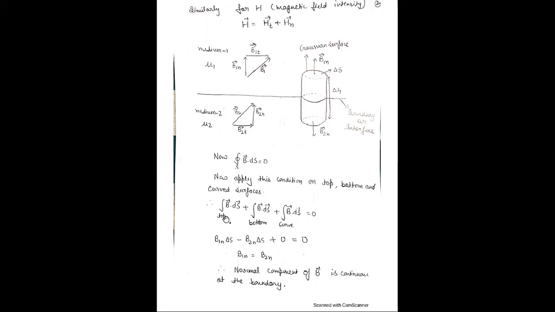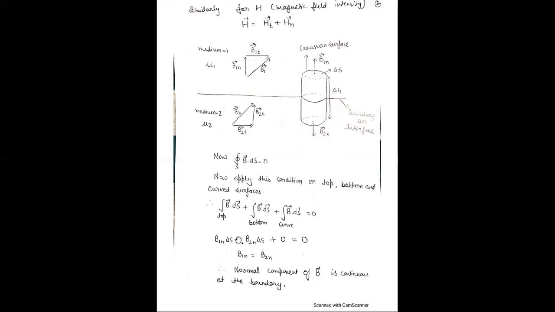For the top surface, B dot dS plus B dot dS for bottom plus B dot dS for the side surface is equal to 0. And for top, the component of B is B1n and area is delta S, minus the normal component of B in the second medium B2n, but in opposite direction.